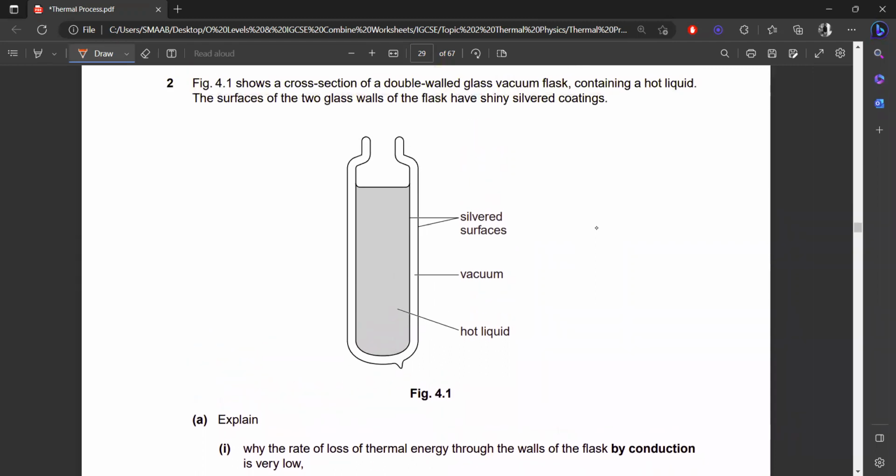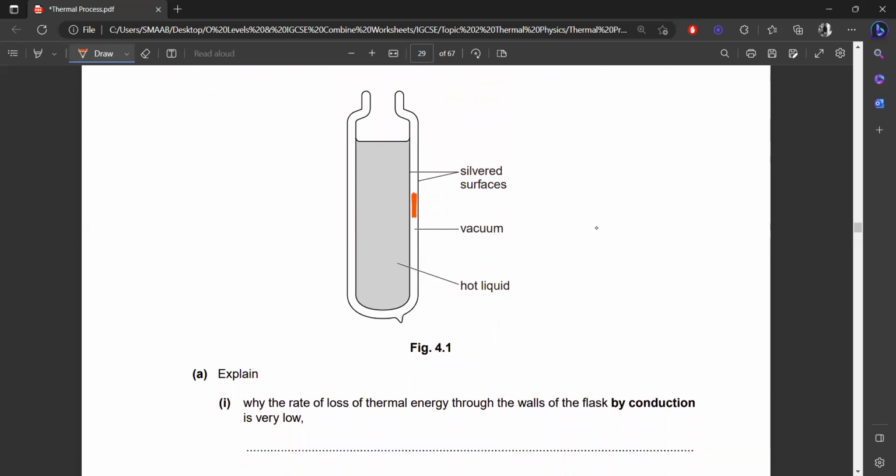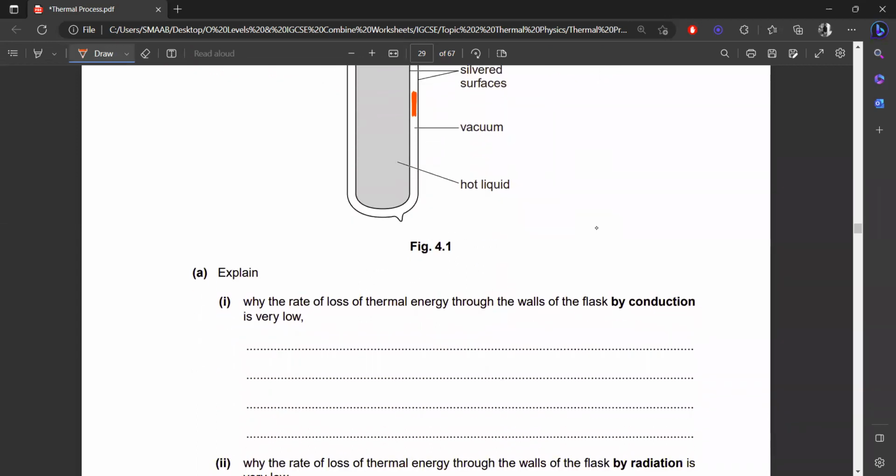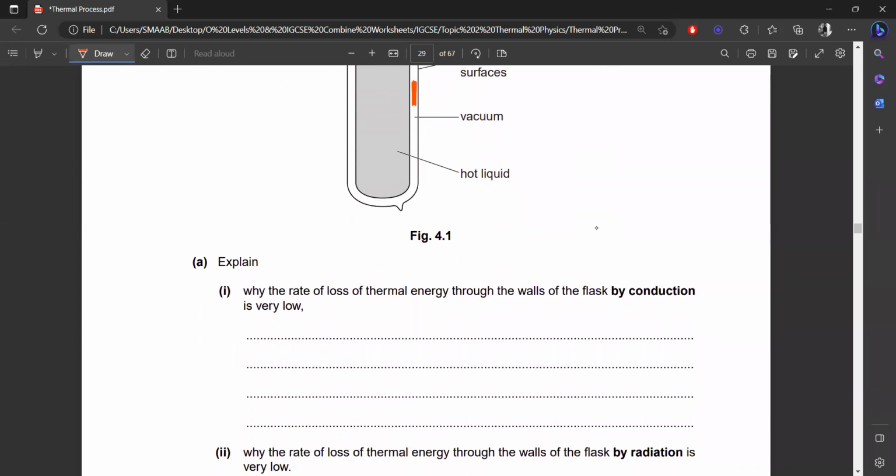Glass is a poor conductor, and there is a gap between the two silver surfaces. So this gap reduces the loss of thermal energy by conduction, right?